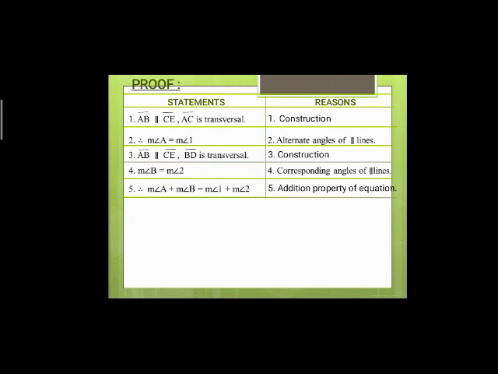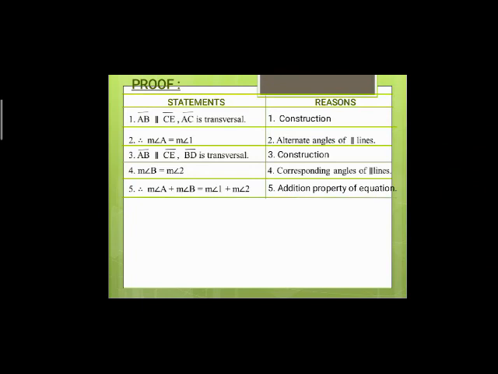For the same reason, since AB is parallel to CE, line segment BD is also a transversal by the construction we already made. So similarly, by the corresponding angles of parallel lines, angle B is equal to angle 2.